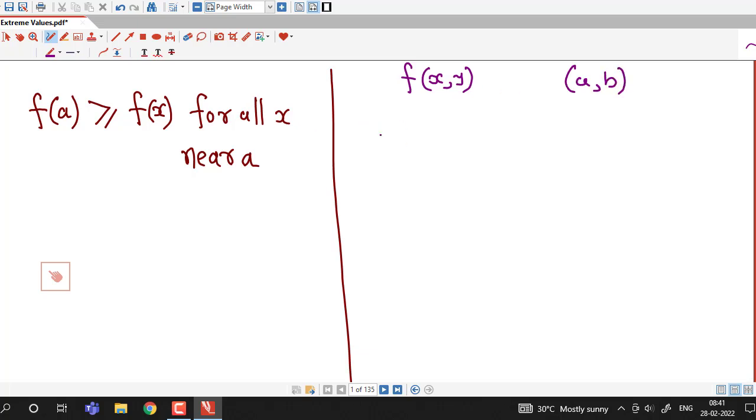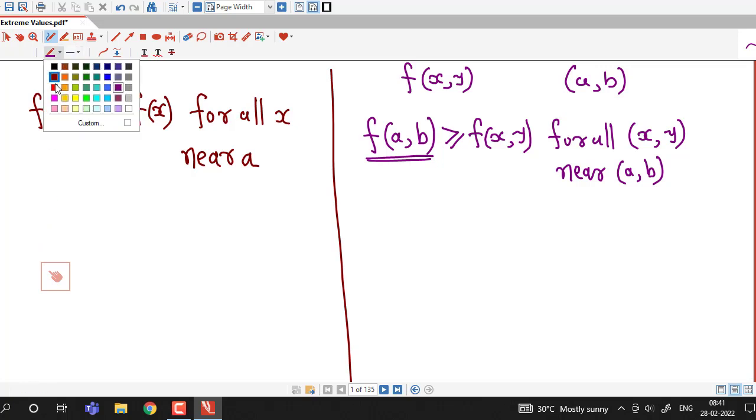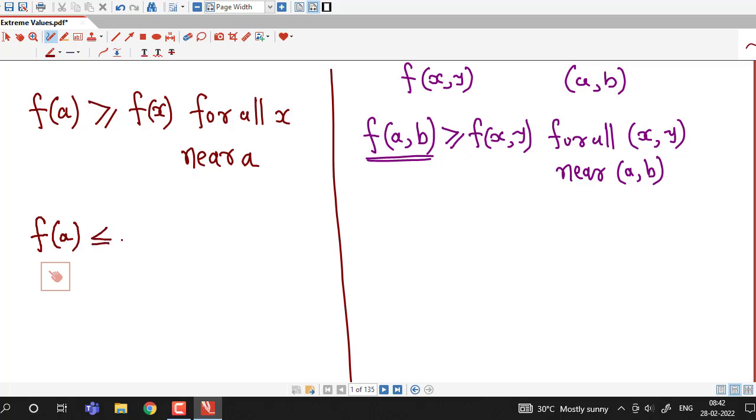Then if it happens that the value of the function at point (a, b) is greater than or equal to f(x, y) for all points (x, y) near this fixed point (a, b), then we can say that f(a, b) is a local maximum value of f(x, y). Same thing for local minimum value. For local minimum, we have f(a) is less than or equal to f(x) for all x near a.